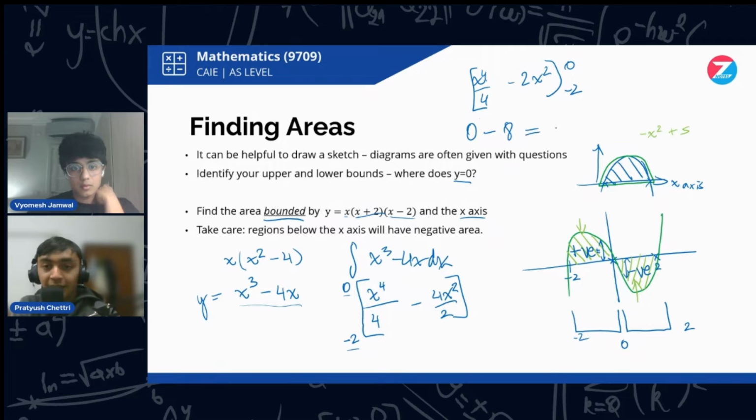So our area here is minus 8. This area is minus 8 here. Units squared. Weird though. It's usually negative when it's under the x-axis. Wait, that's right. Did I do something?